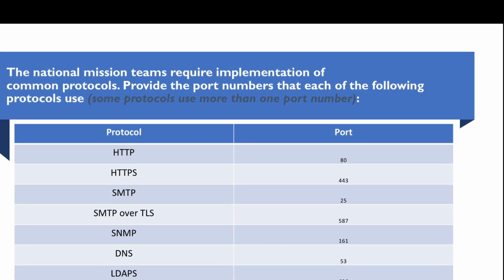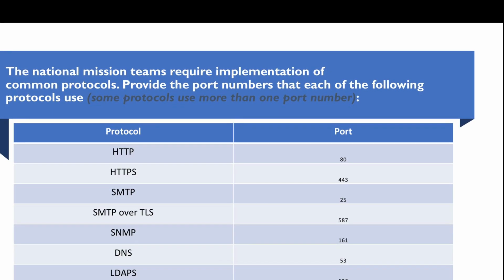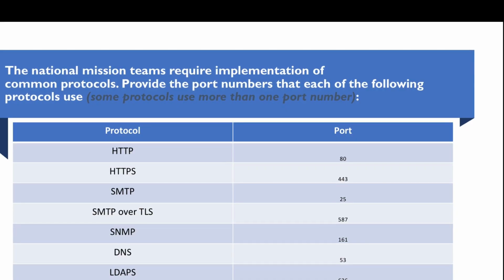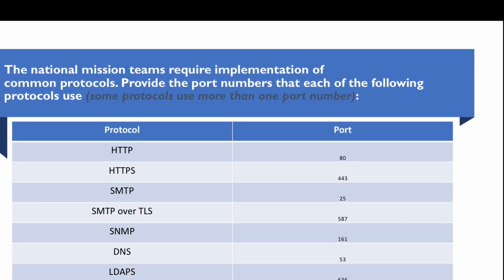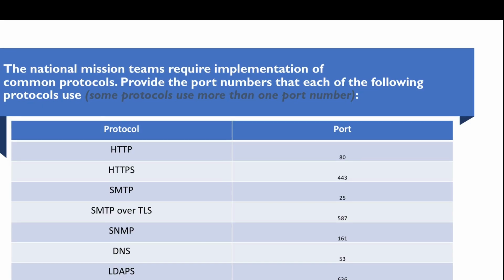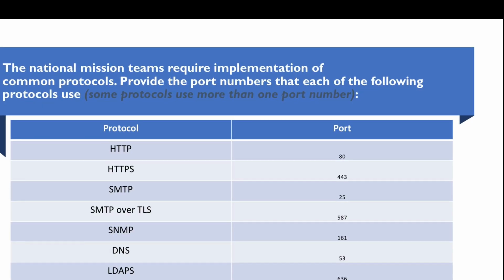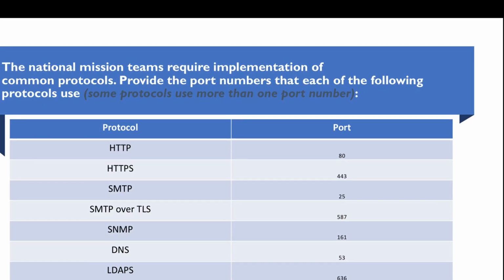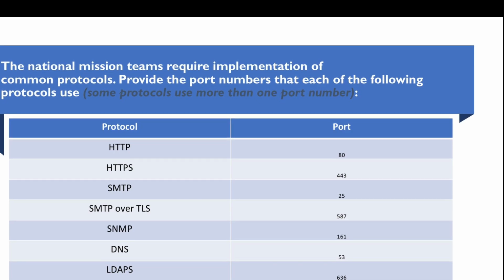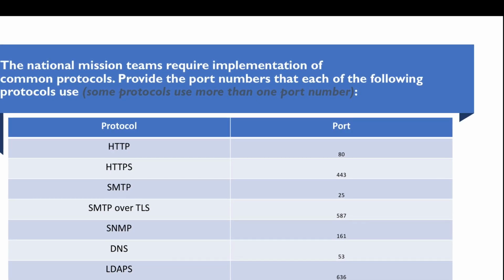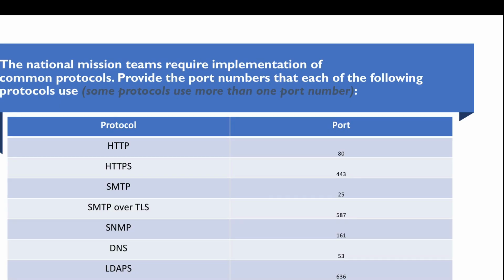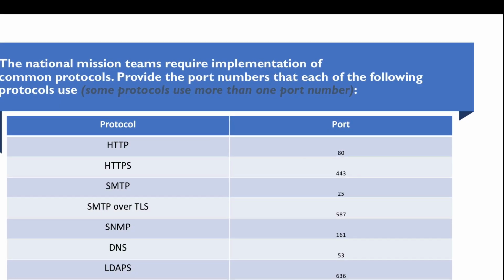DNS 53. LDAPS 636. DHCP 67 for server, 68 for client, and Telnet is 23. Port numbers let a computer know which service or application should handle the traffic. For example, web browsers use 80 for regular HTTP and 443 for secure HTTPS.